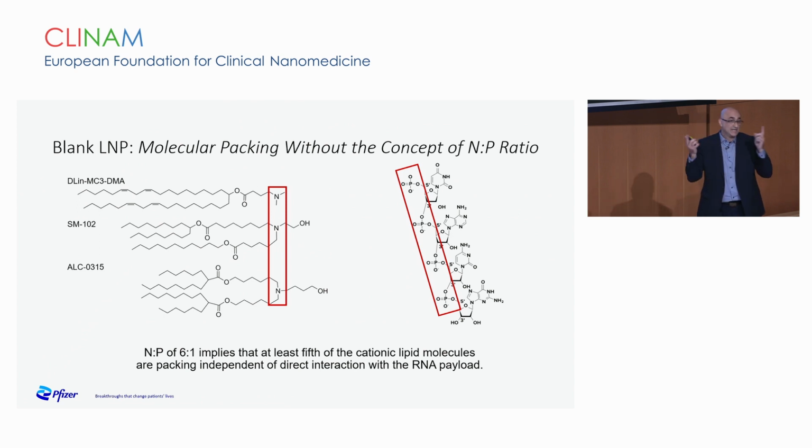If you assume a 1-to-1 interaction of one cationic lipid with one phosphate, which sterically is probably not true, it's less than that, you can imagine you have 5 free cationic lipids that are not interacting with the RNA at all during the condensation and the final conformation of the LNP itself.